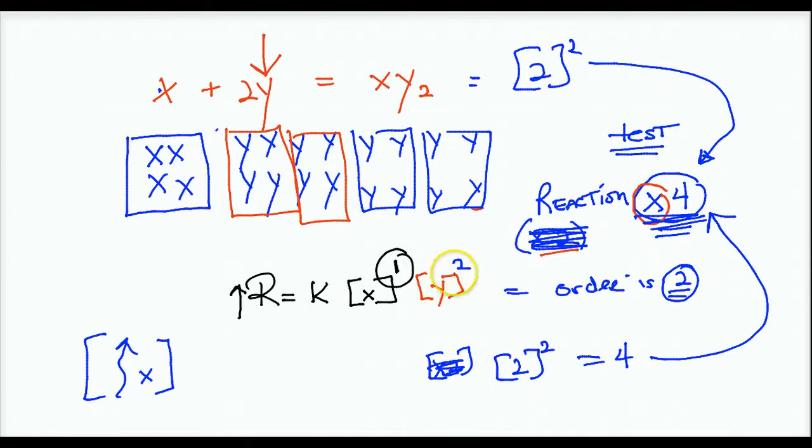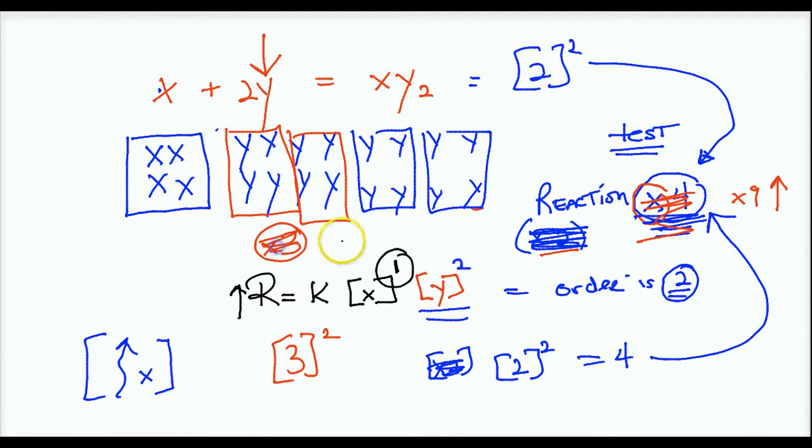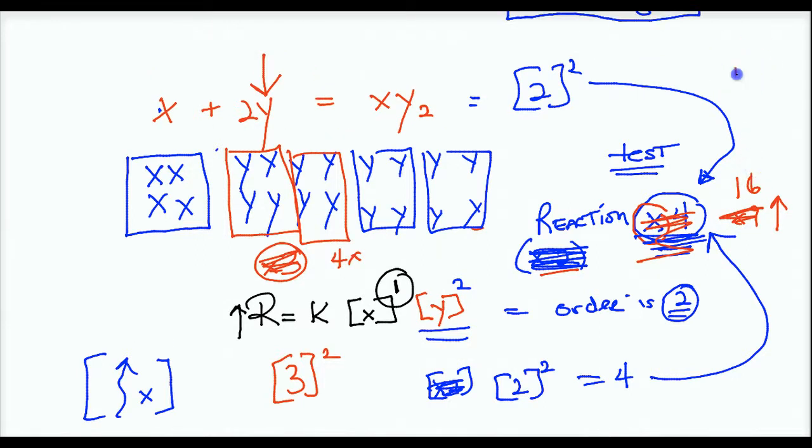Now, if you had something like this to square the change, let's pretend that this increased 3 times. So if it increased 3 times, if it's the square of the change, the reaction rate will increase 9 times. That's the square. If I increase this 4 times, if it's second order, the reaction rate will increase 16 times. Why? Because 4 squared, or anything squared, is that number there.